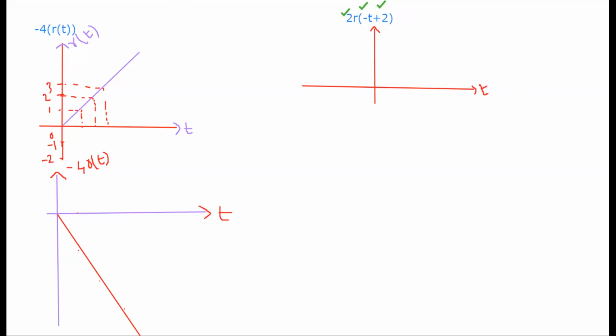R of t plus 2 means r of t is shifted towards left by 2 units of time.